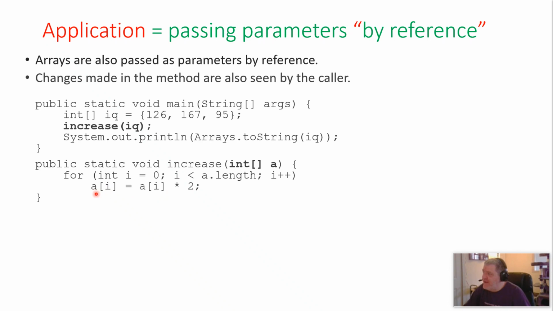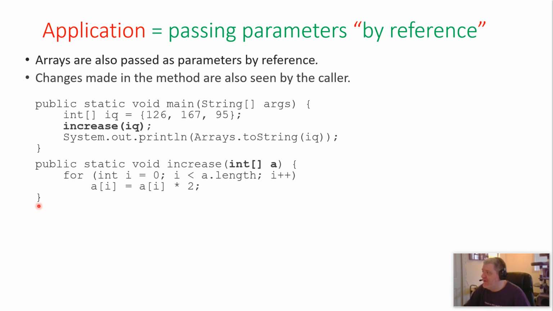So I'm modifying my array here. For every index of the array, I consider the element at index I, and I replace it by its current value multiplied by 2. So I take every element in my array and multiply them by 2.